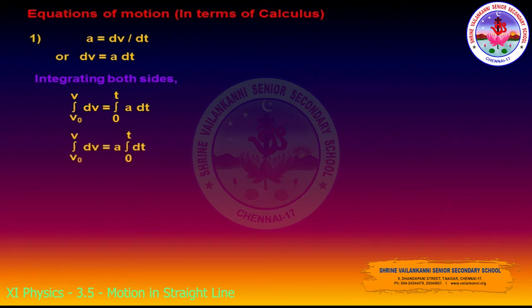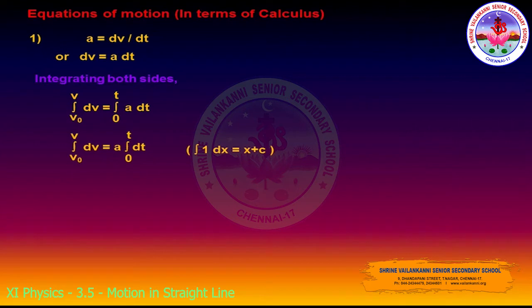Now we'll get integration from v naught to v of dv, which is equal to, a is a constant, so we have taken out a into integration 0 to t of dt. Now we are integrating. We have to apply the formula. For example, integration of dx is equal to x plus c. Like that, here integration of dv is equal to v.